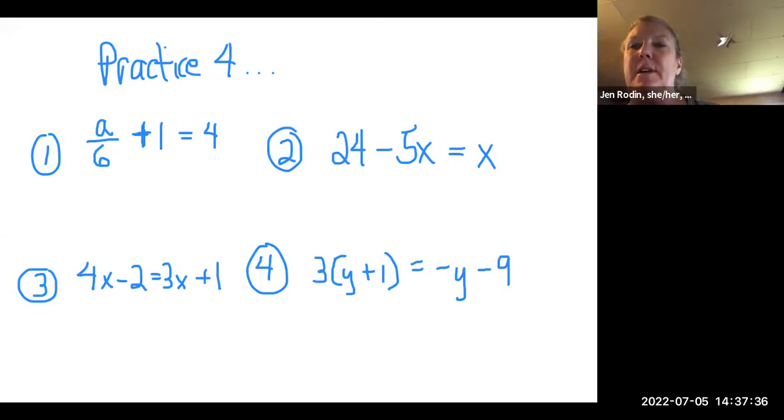There, and that one. 3 times the quantity y plus 1 equals -y minus 9.